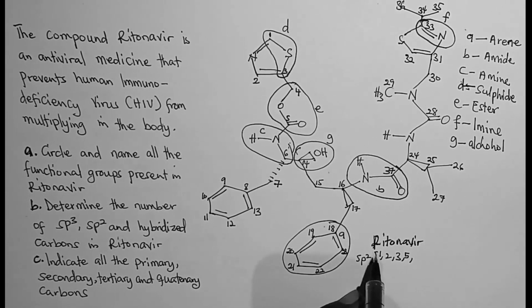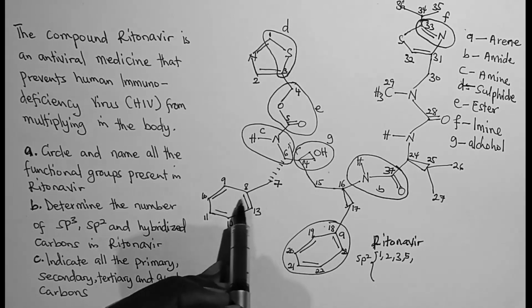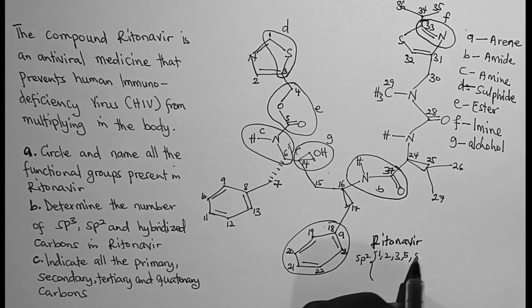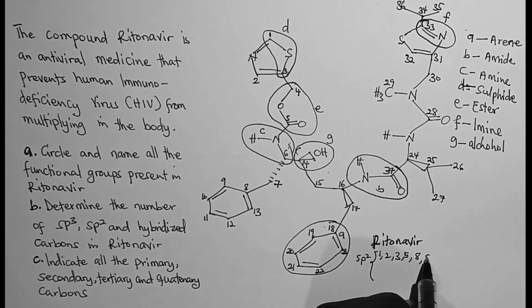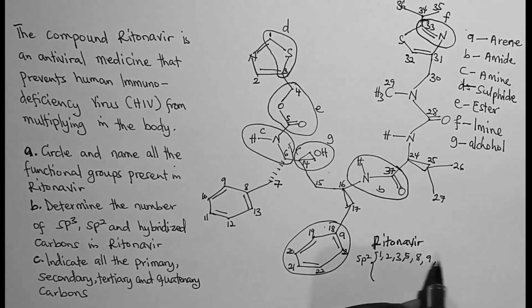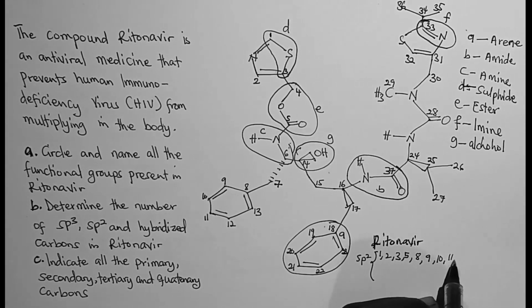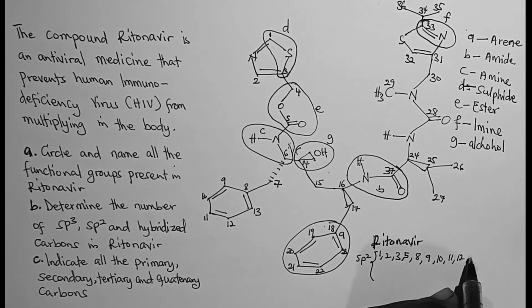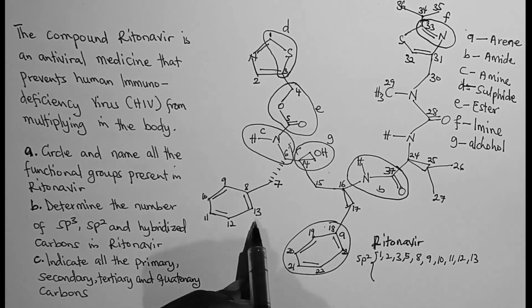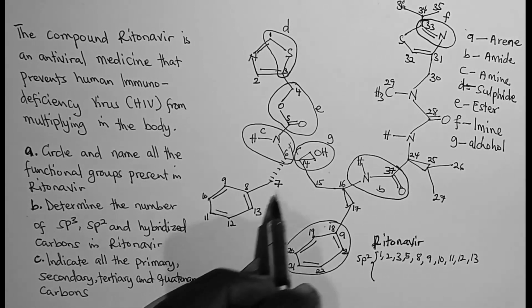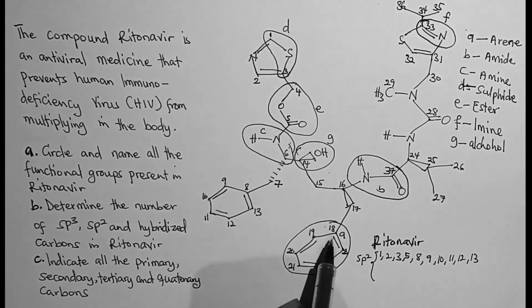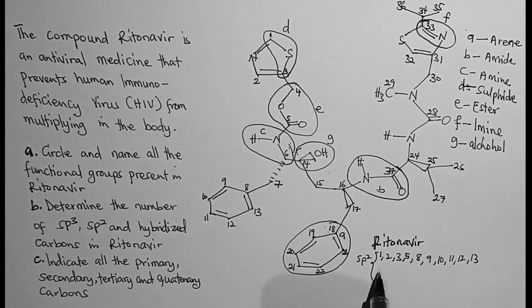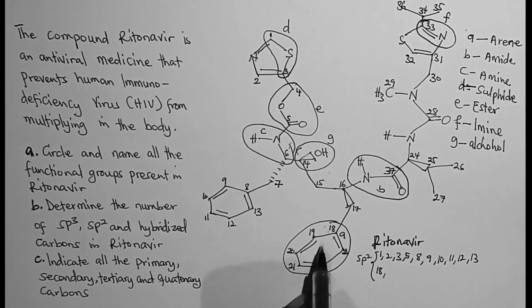And apart from carbon 5, you see that this carbon 8 is also sp2. Then carbon 9, then carbon 10, 11, 12, then carbon 13, this carbon. Then apart from carbon 13, this carbon 18 is also sp2 hybridized.